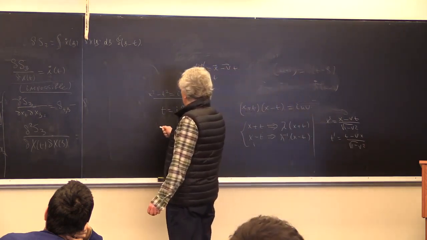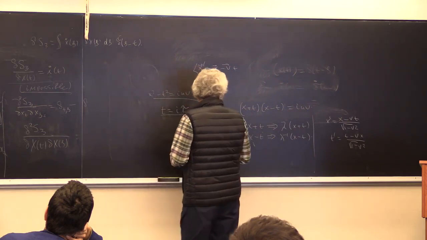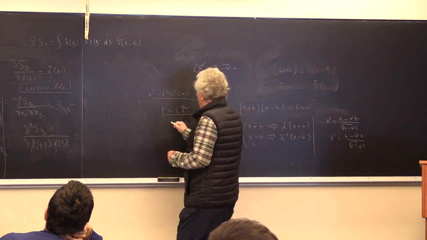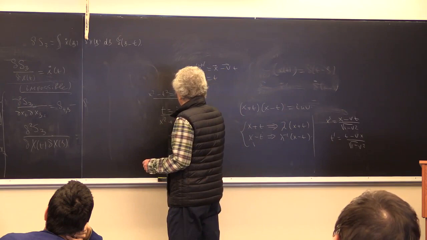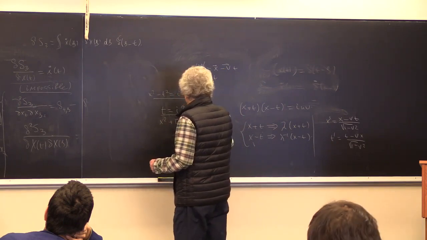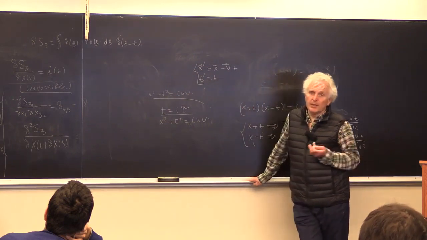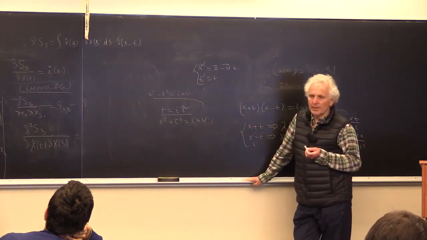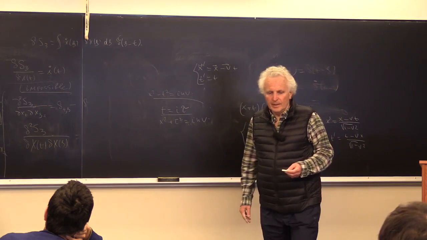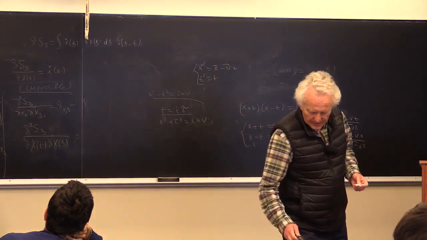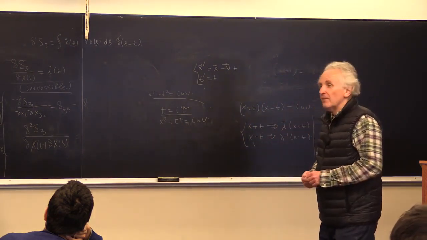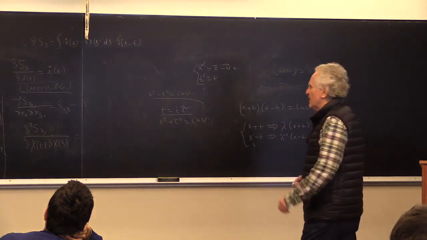Then what kind of symmetry do we need, which leaves this invariant? What is the geometrical meaning of this symmetry? It's a very simple question, actually.